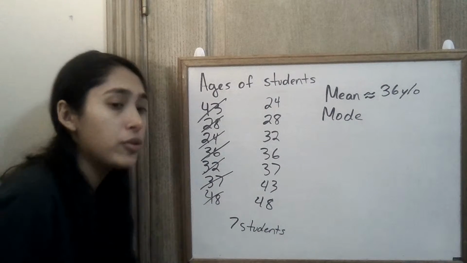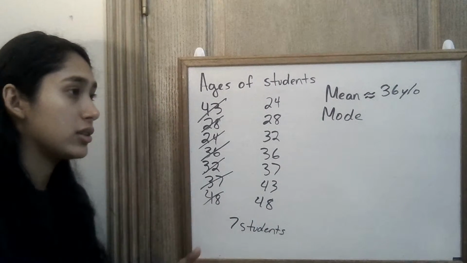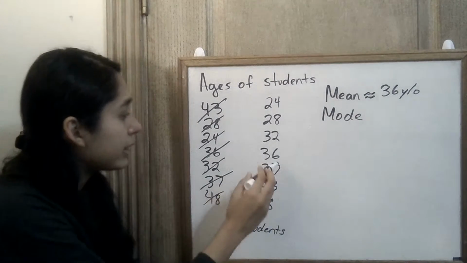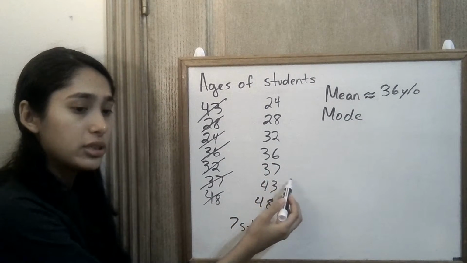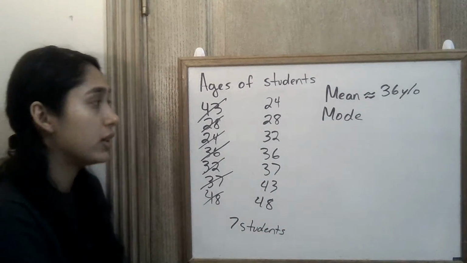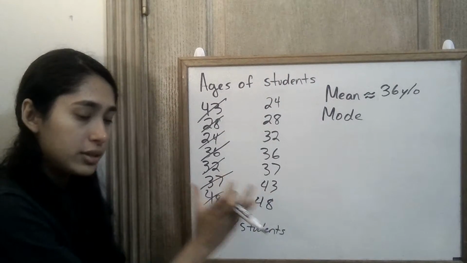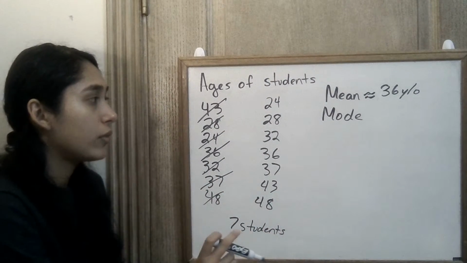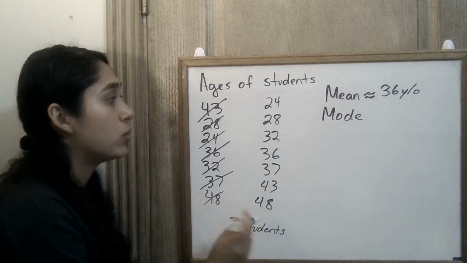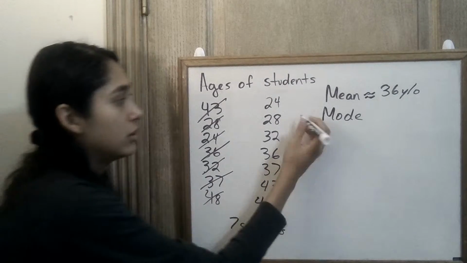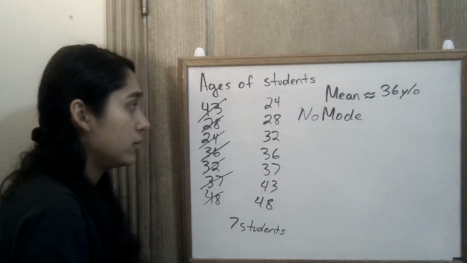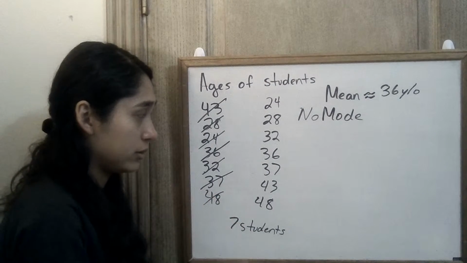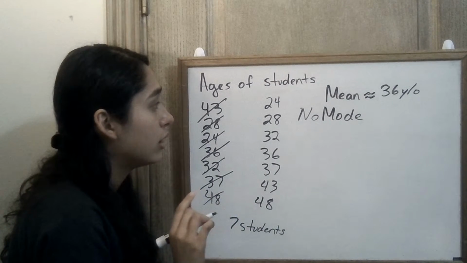I know this might change throughout the years. Someone here might turn 37, while this person still is 37, so I might have 2 at 37. But at the point this data set was collected, each value only appears once, so the mode is none. There's no mode when each value only occurs once. All right, so we talked about mean, mode.